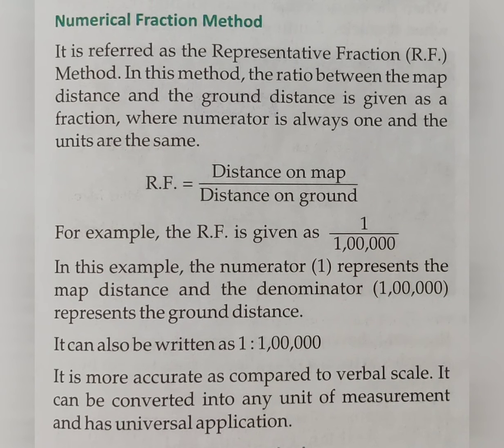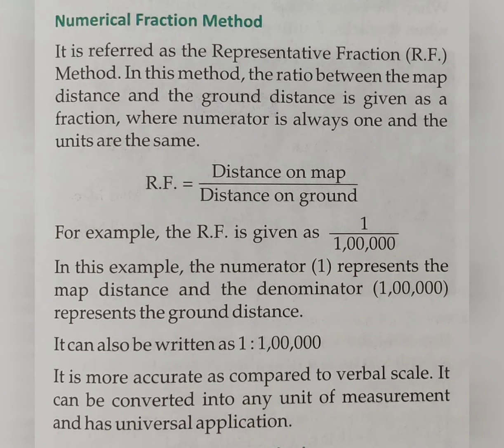Now, the numerical fraction method. It is referred to as the representative fraction, RF, method. In this method, the ratio between the map distance and the ground distance is given as a fraction, where the numerator is always 1 and the units are the same. RF, representative fraction, is equal to distance on map upon distance on the ground.